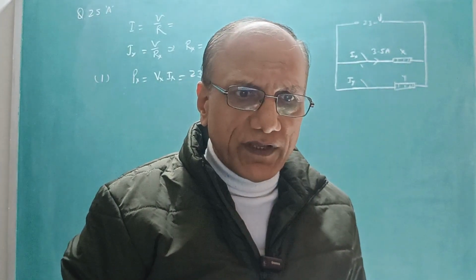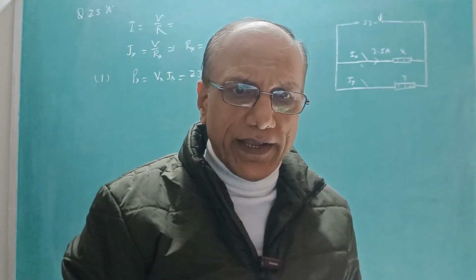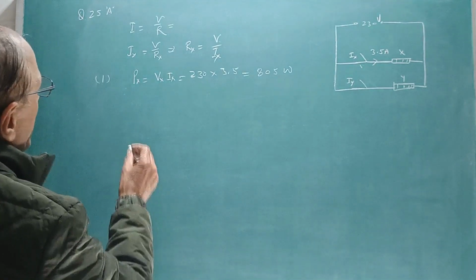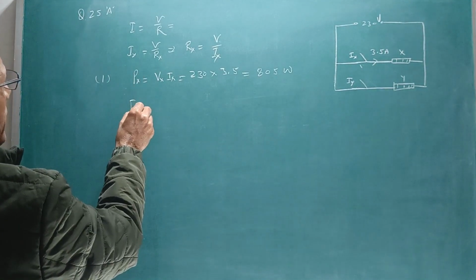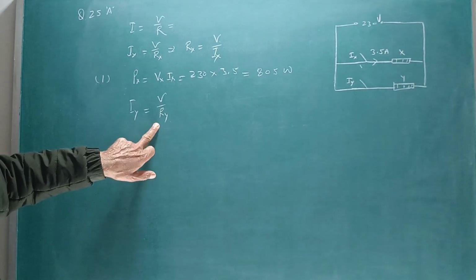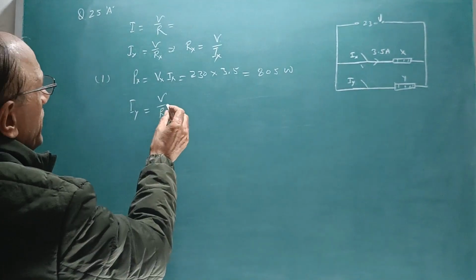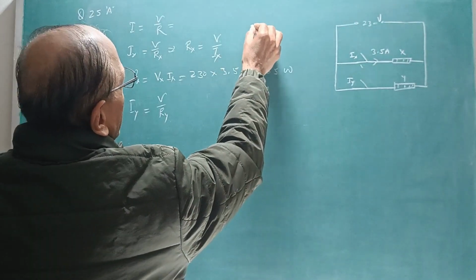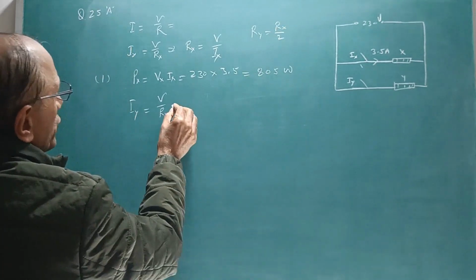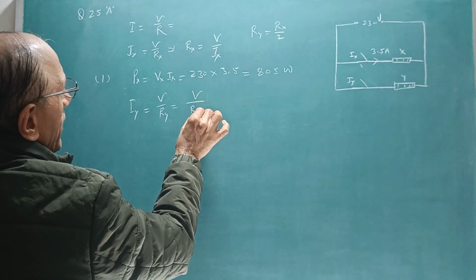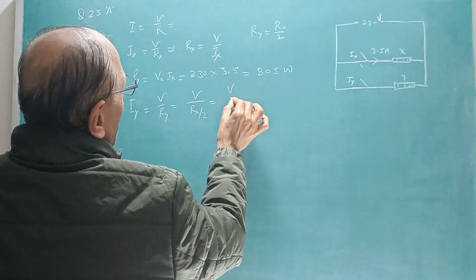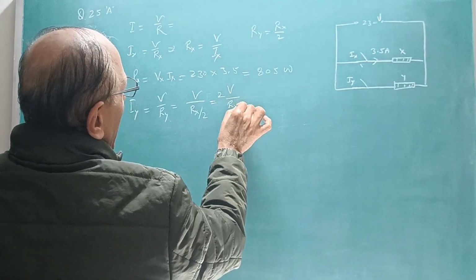Second, if the resistance of X is double that of Y, calculate the current in the heater Y. So here current Iy we have to find, that will be V upon Ry. It is given that Ry equals Rx by 2. So here it will be V upon Rx by 2, that equals 2 into V upon Rx.